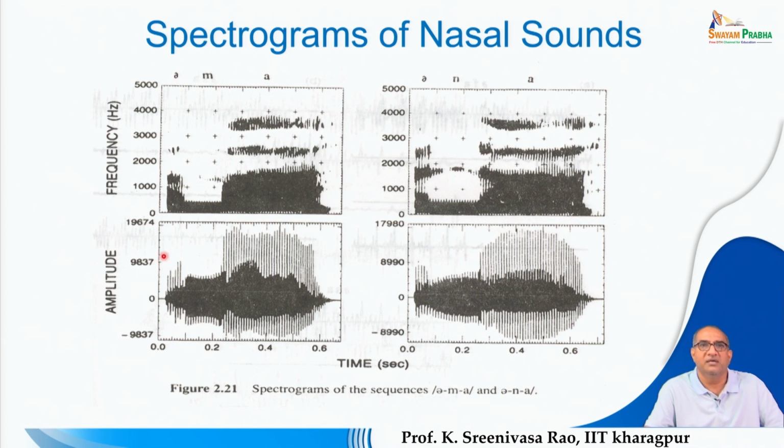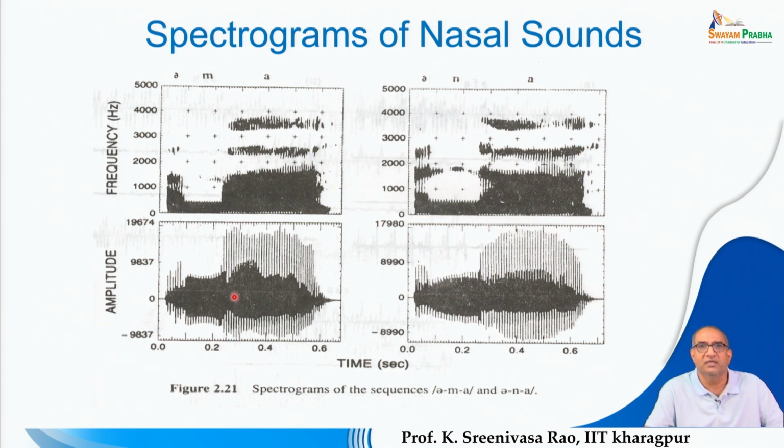This small portion corresponds to A. You can see clearly the slightly higher amplitude, and here also we have much higher amplitude, Ena, and the lower amplitude in between these two distinct periodic patterns corresponds to the time domain waveform of the nasal, and here also this corresponds to the nasal Na.